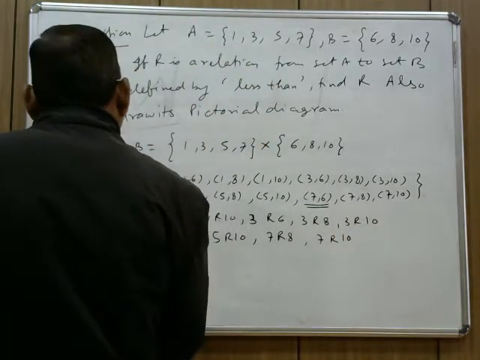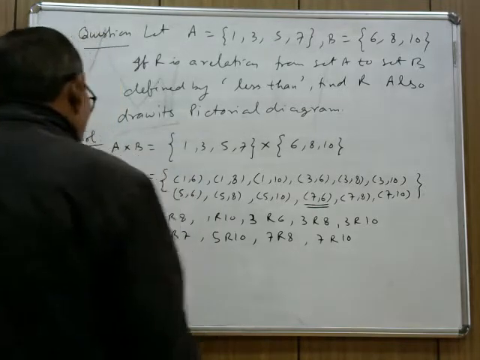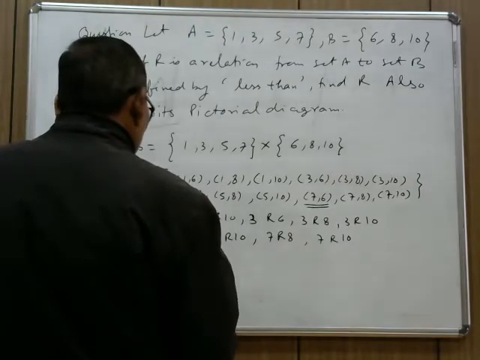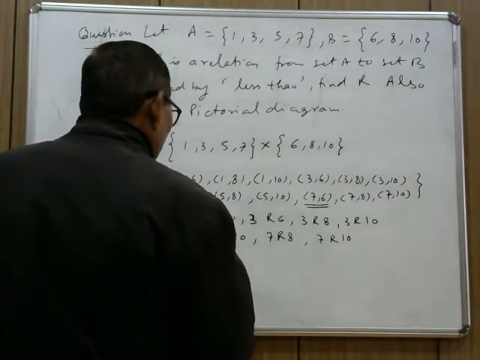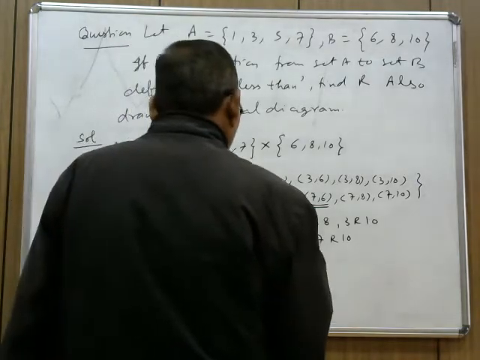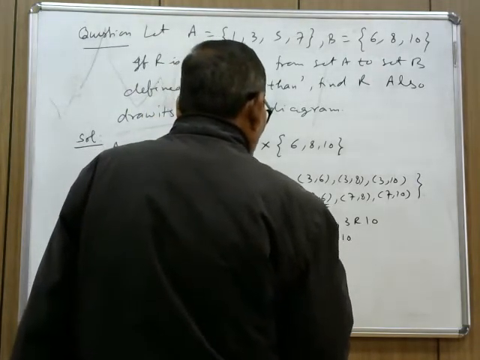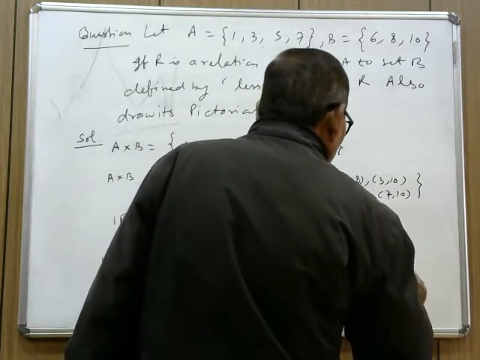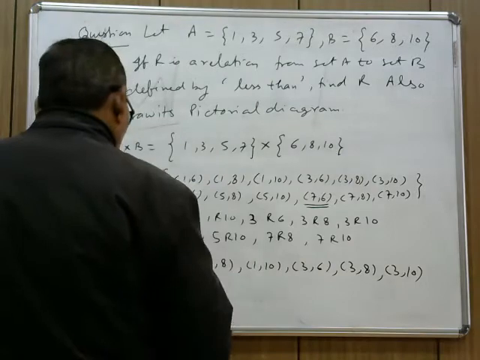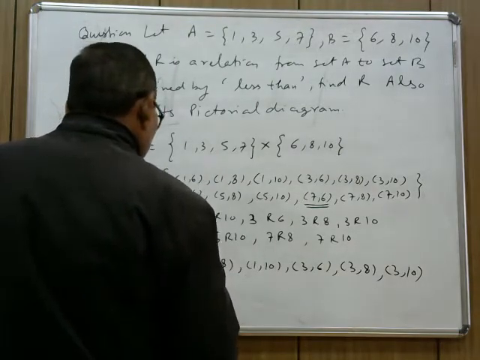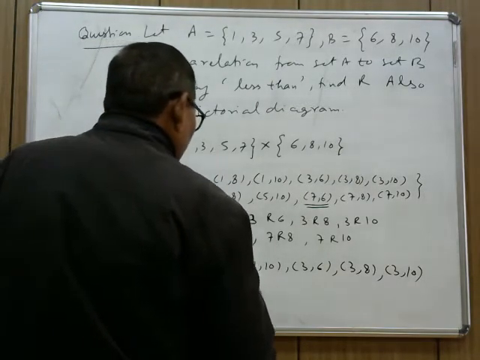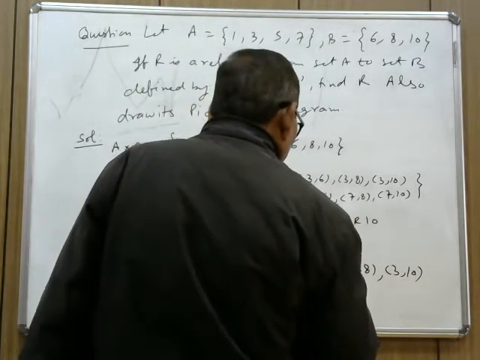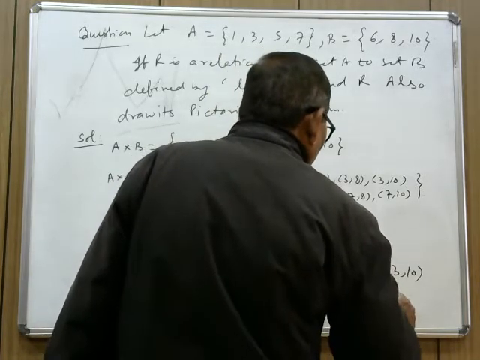So in this way you can write the elements of your relation as (1, 6), (1, 8), (1, 10), (3, 6), (3, 8), (3, 10), (5, 6), (5, 7), (5, 10), (7, 8) and (7, 10).